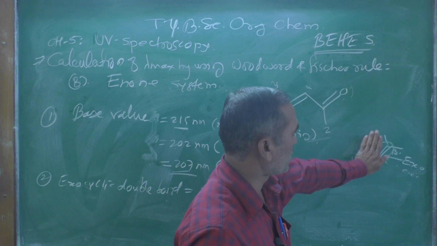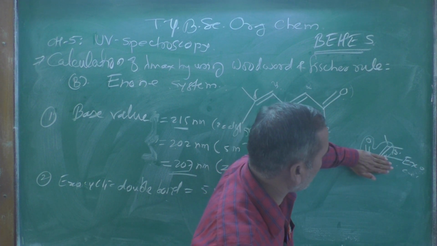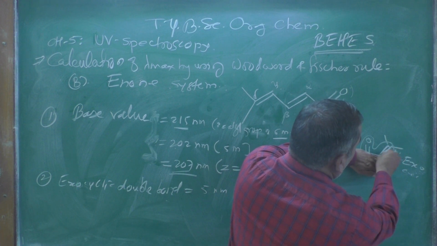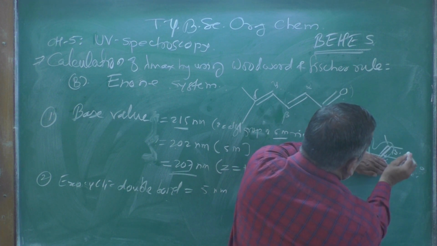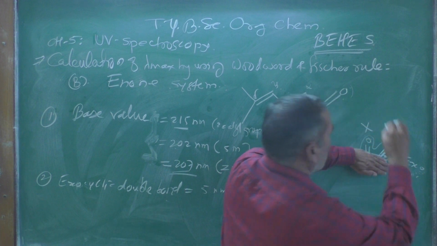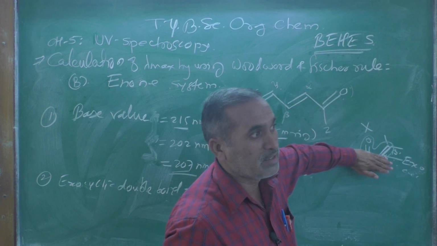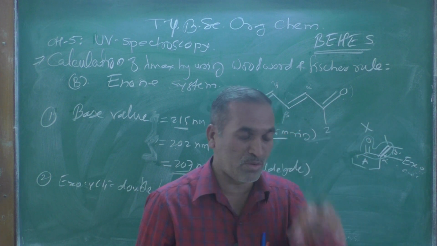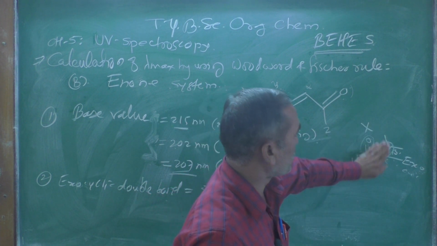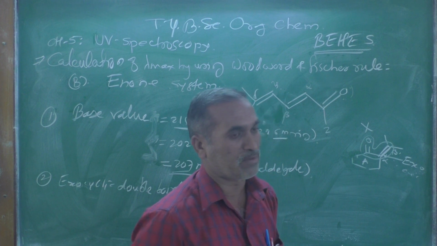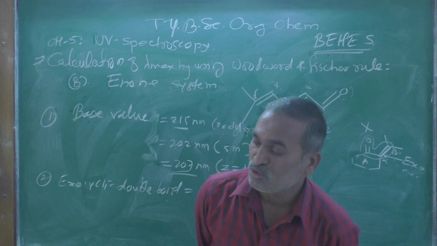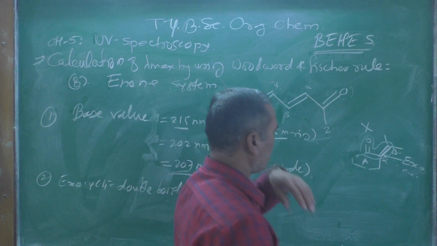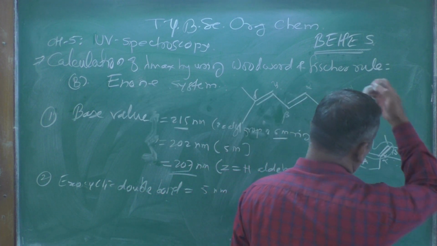Remember, don't consider this one. If you put your hand over here, you will see clearly there is a double bond which is outside, only one exo. Don't consider the carbonyl group as exocyclic. This is the enone system. The carbonyl group is involved in it, and therefore whatever carbon-carbon double bonds are there are to be considered as exocyclic double bonds, and therefore this is an exocyclic double bond.